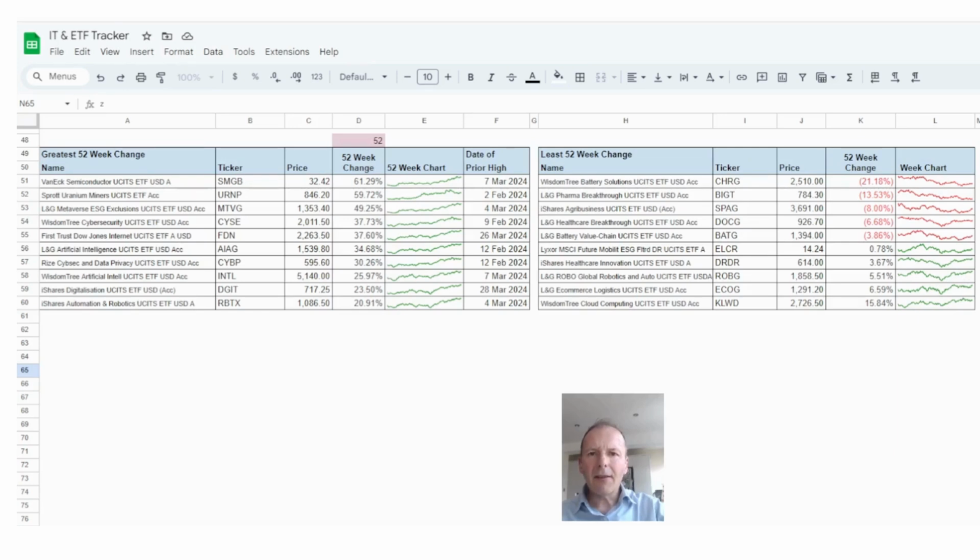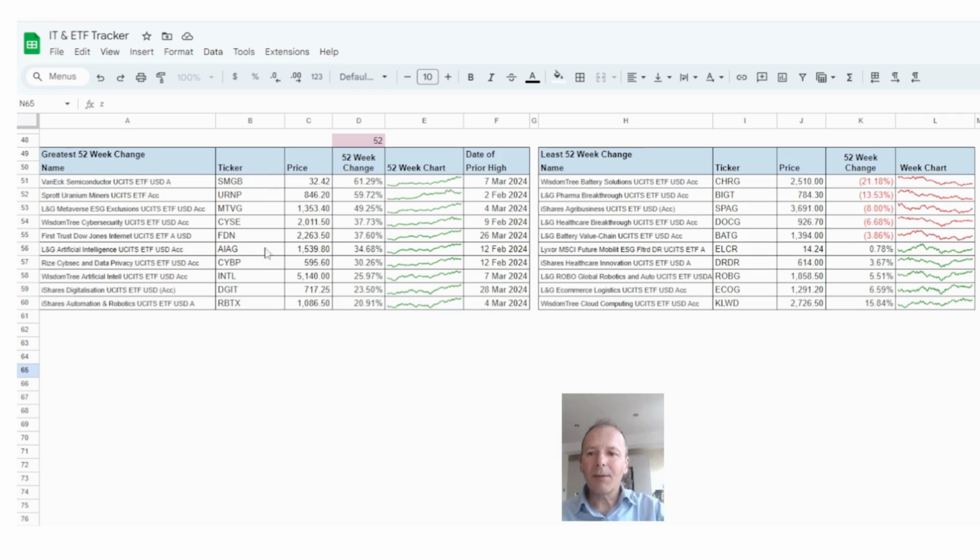Thematic ETFs can be quite interesting, particularly if you have a real interest in the area that the theme is covering. However, often by the time you realize that a theme is performing quite well, it's already had most of the growth behind it, and you're just leaving yourself exposed to a potential bubble.